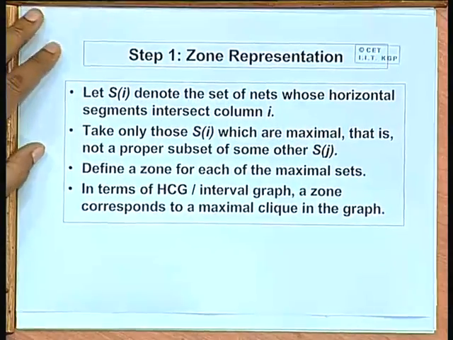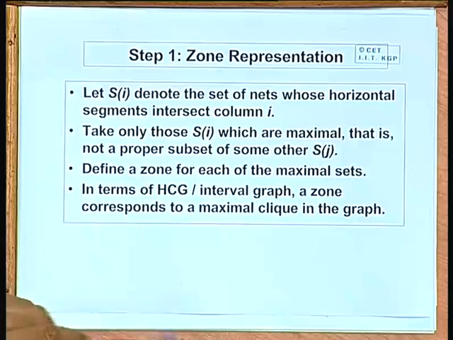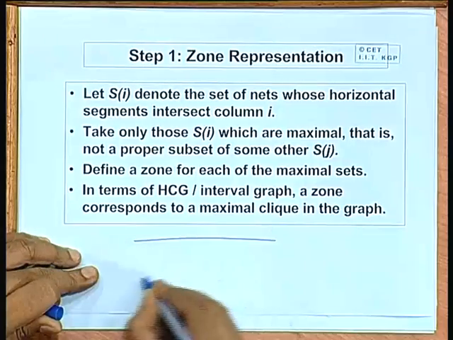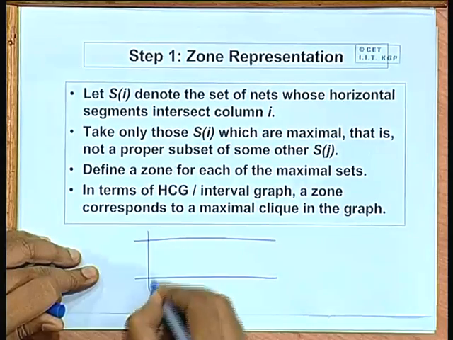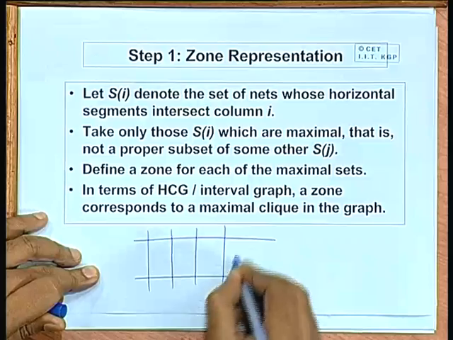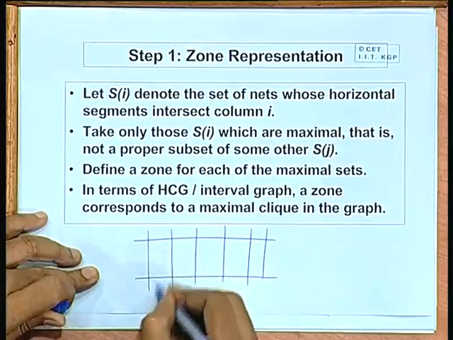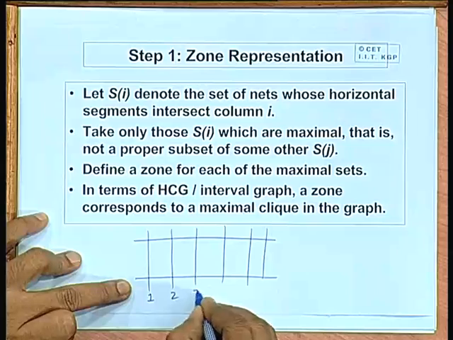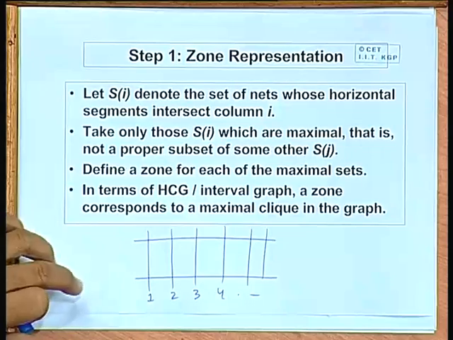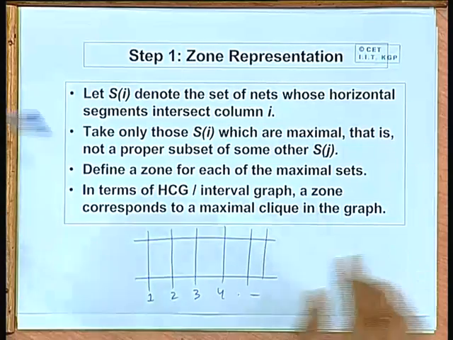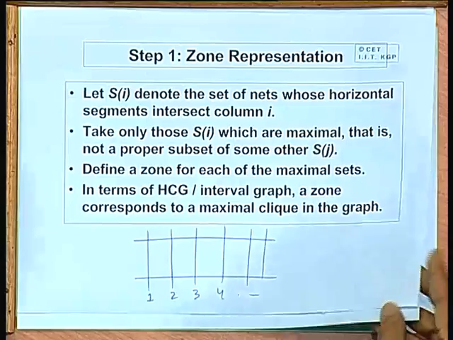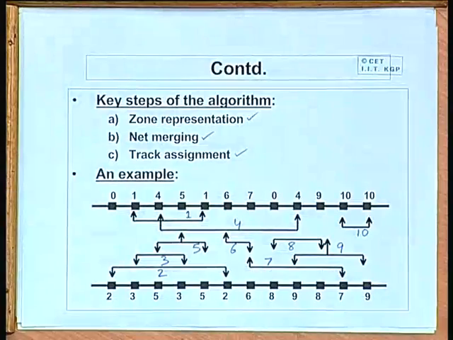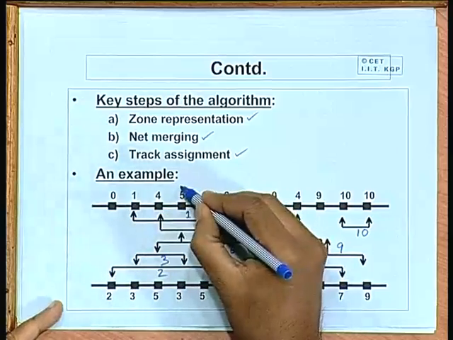Well, we have a channel routing problem. There are a number of columns. Okay. These are the columns which correspond to the terminal locations, say column 1, column 2, column 3, column 4 and so on. So, whenever you look at a particular column, for example, let us take that example once again. Say if you look at this particular column, column 4.